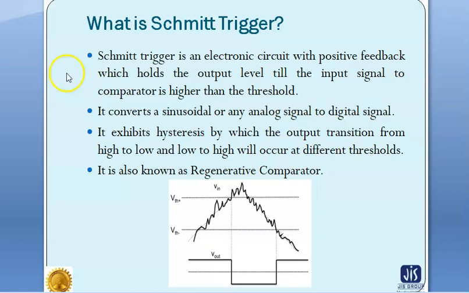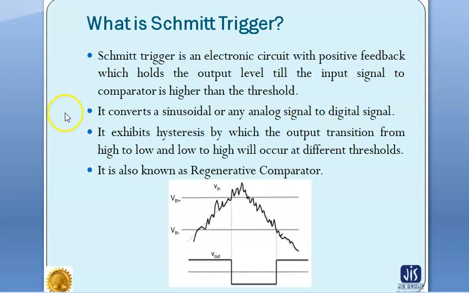Therefore, you can say the Schmitt Trigger is an electronic circuit with positive feedback which holds the output level till the input signal to the comparator is higher than the threshold.